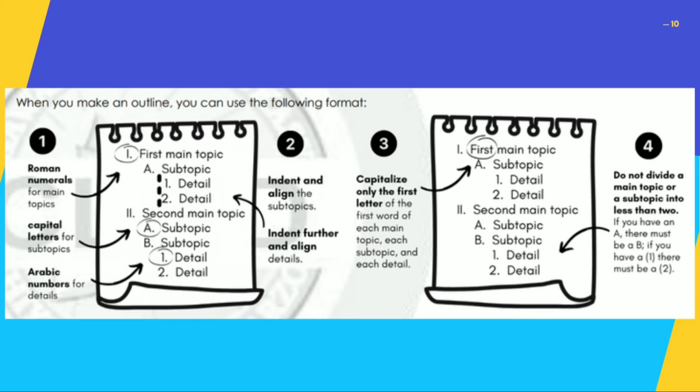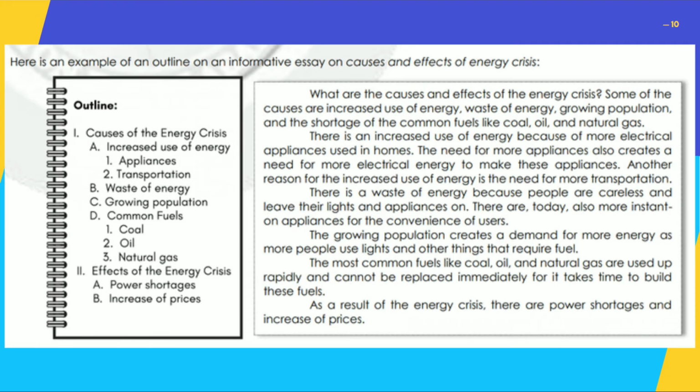Do not divide a main topic or a subtopic into less than 2. If you have an A, there must be a B. If you have a 1, there must be a 2. Here is an example of an outline on an informative essay on causes and effects of energy crisis.